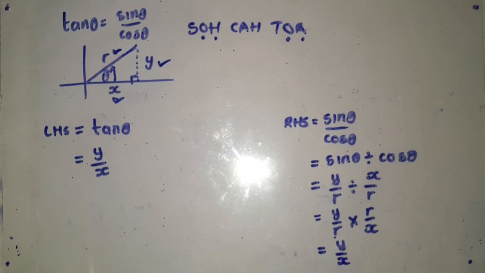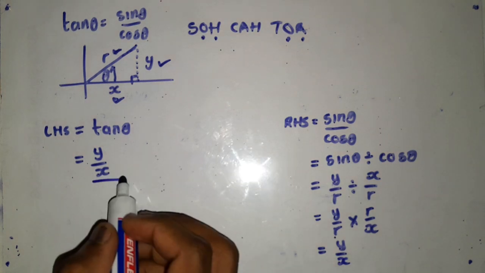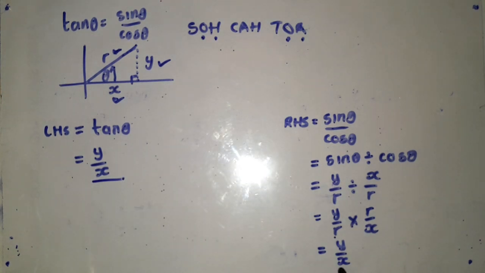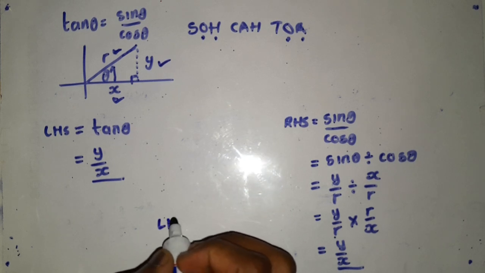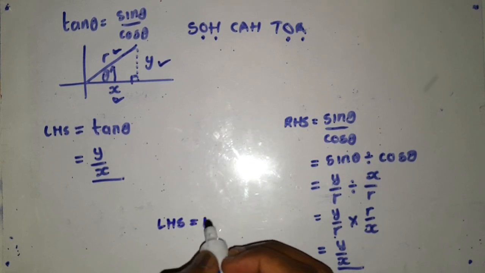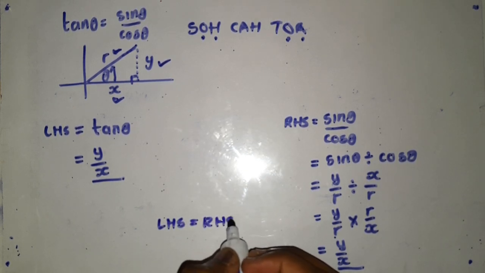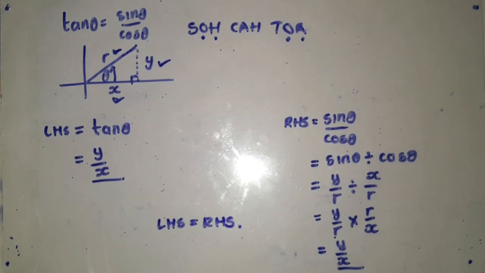Check our left hand side, check our right hand side. We have the same answer. We can then conclude by saying the left hand side is equal to the right hand side. It's so simple.